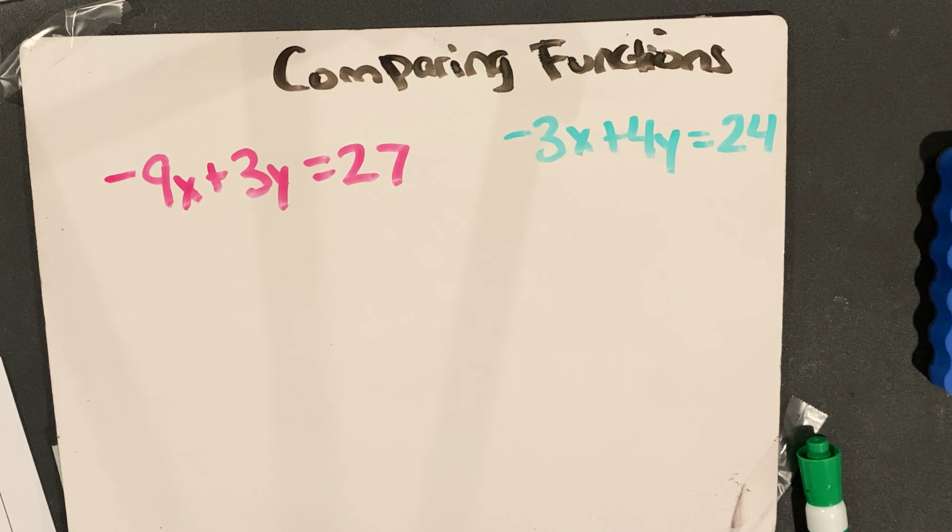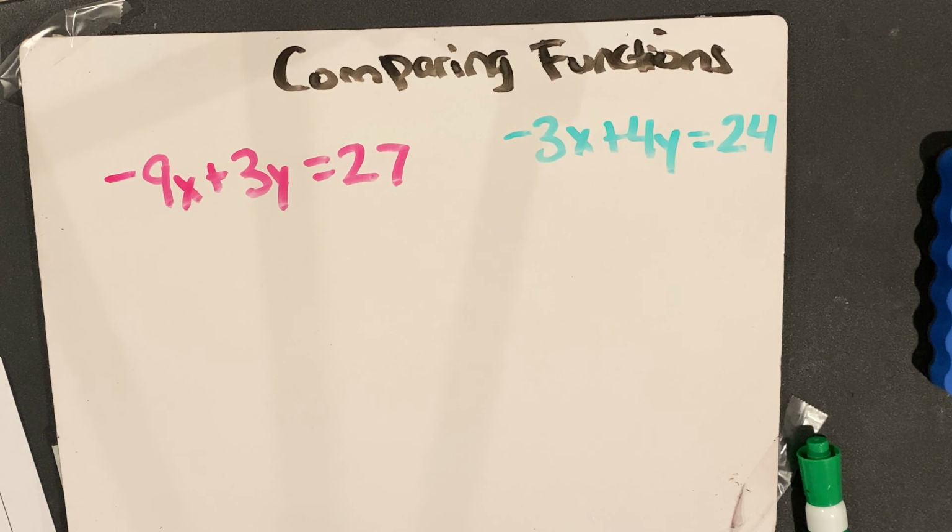That is our slope-intercept form. So I need to get this to look more like this. So let's do that. We're doing the exact same steps we did in the previous video when we had to rearrange in order to look at our independent variable.